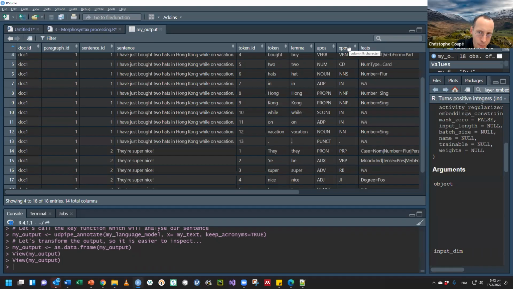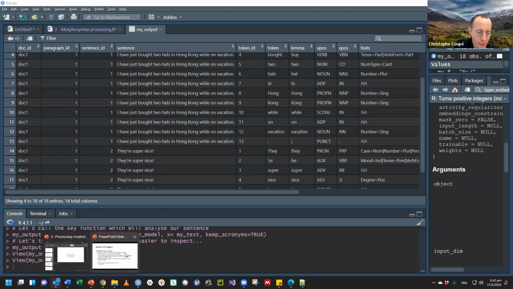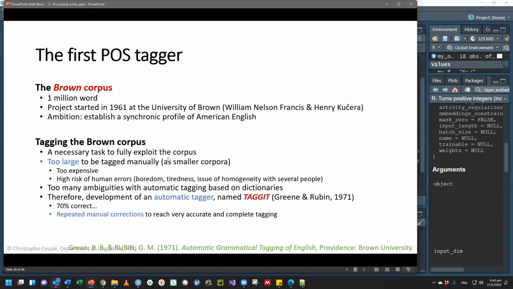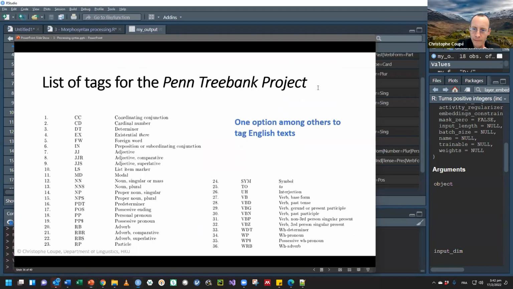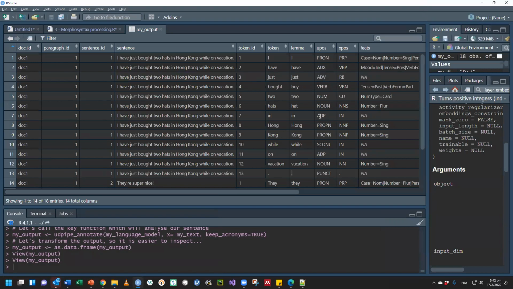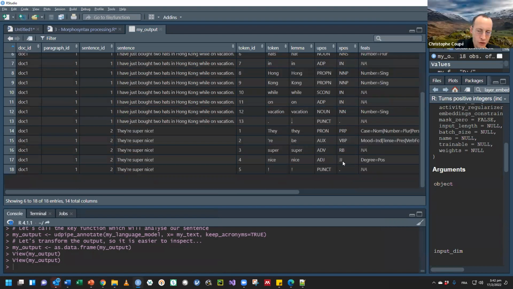And I think the XPOS, that should be the same as what we have seen here. I guess that corresponds to maybe this. Like you see JJ, adjective, adjectives JJ. So you see, these are the tag categories.